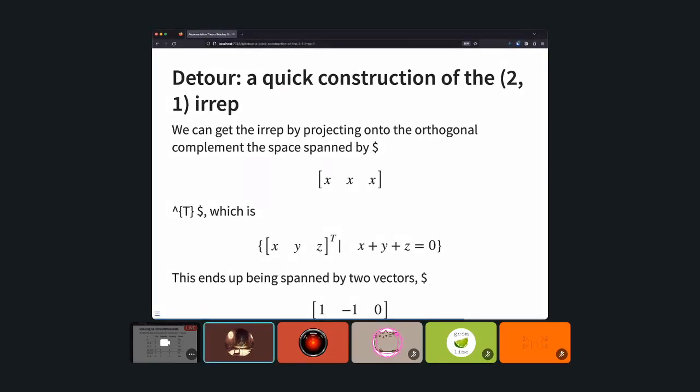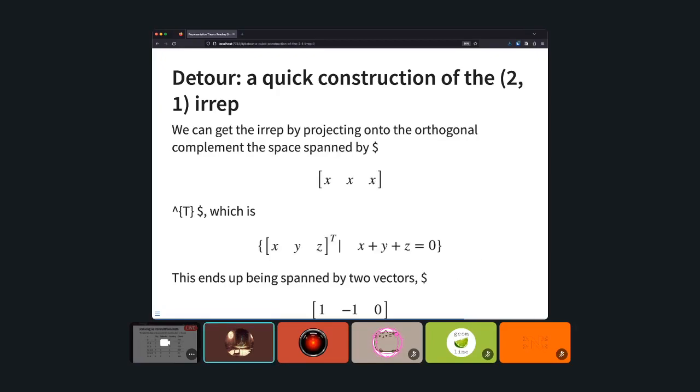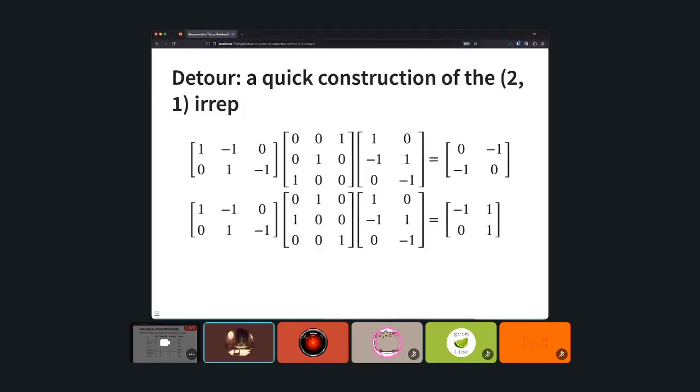So what you do is you project onto the orthogonal complement to that, and that is the space where x plus y plus z, the three coordinates, sum to 0. This is a little linear algebra refresher. So you get these two basis vectors, 1, -1, 0 and 0, 1, -1, though I guess you can't see them. And then, as a linear algebra refresher, this is what it means to project these 3 by 3 matrices onto this 2 by 2 subspace. Does this all make sense, what we're doing to construct the irreducible representation?